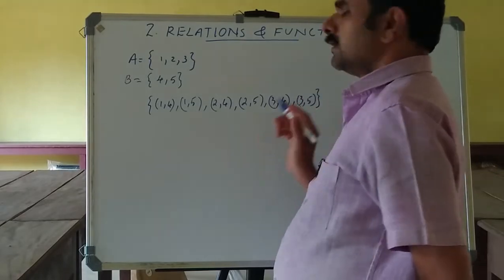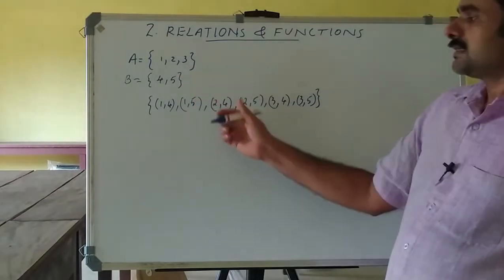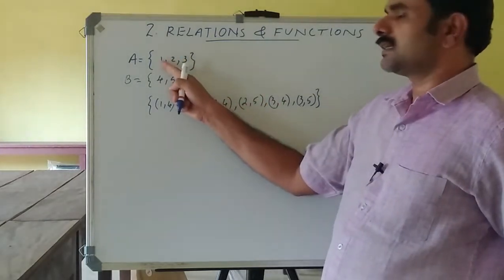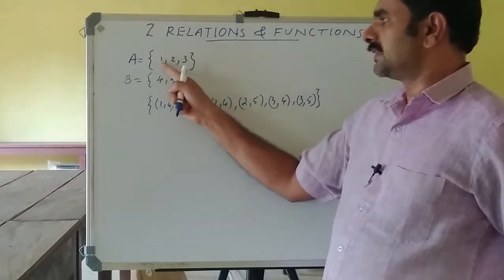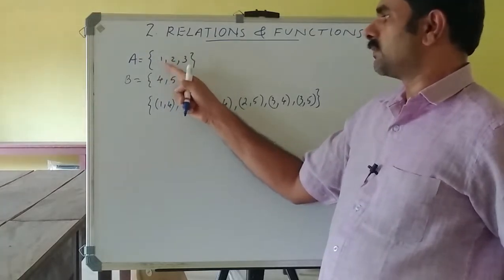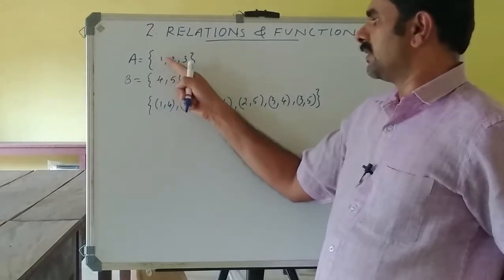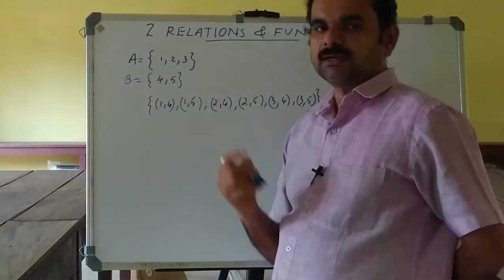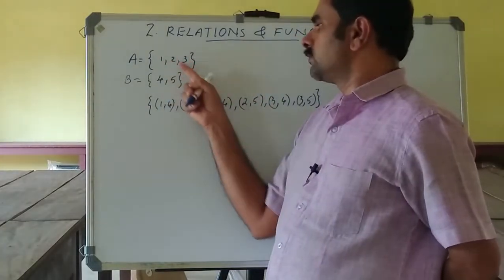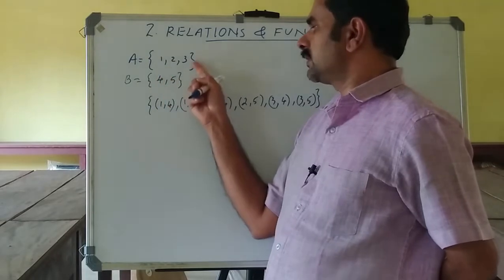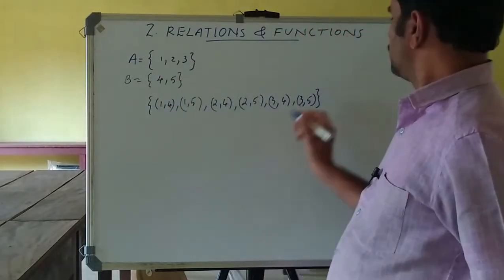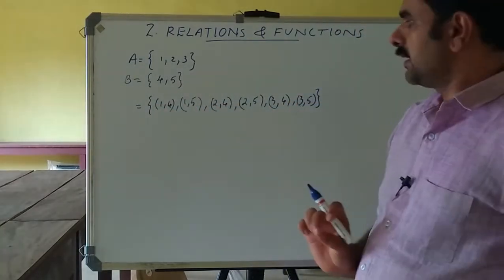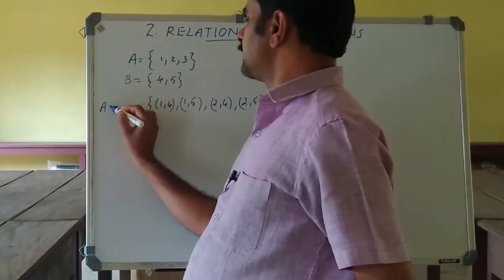Okay. So this pattern of distribution of elements is very simple. Firstly, we take the first element of the first set, that is 1, then map or combine this 1 with 4, (1, 4), and 5, (1, 5). That is all about this one. Then (2, 4), (2, 5), okay, (3, 4), (3, 5).